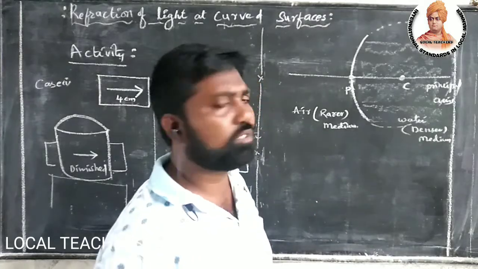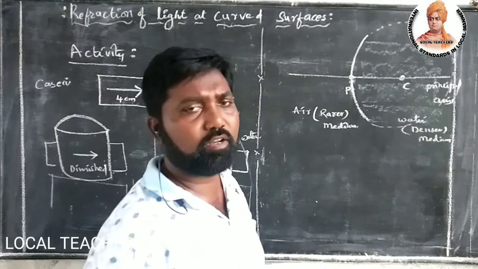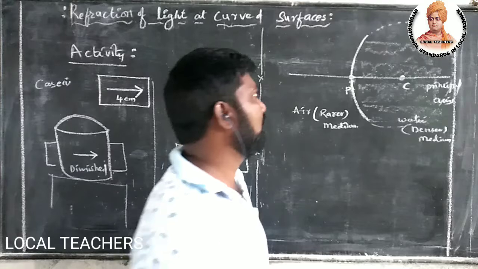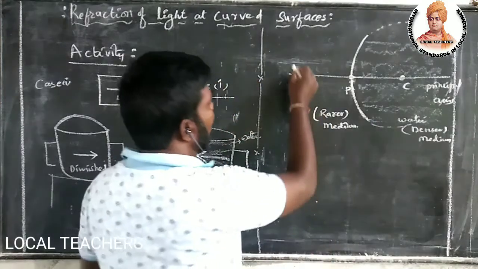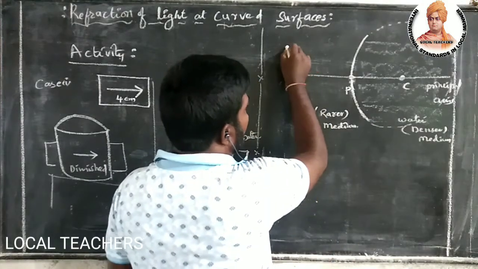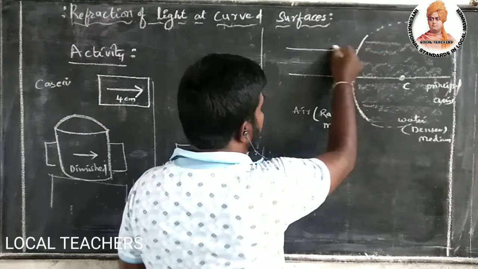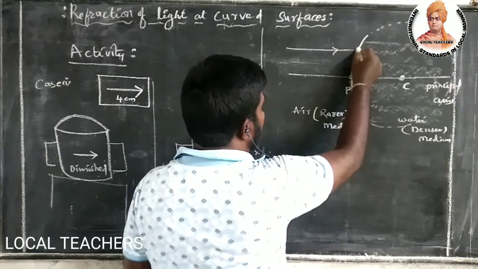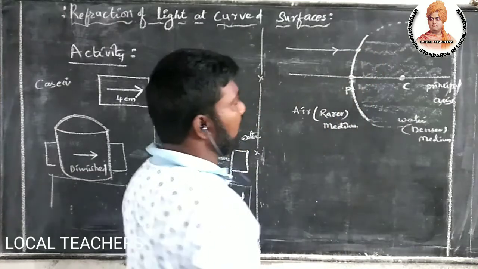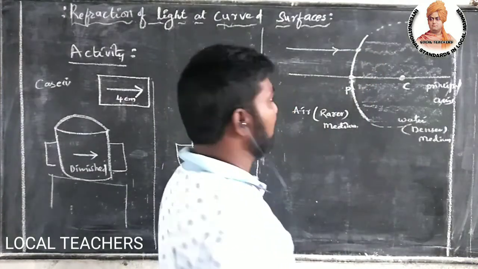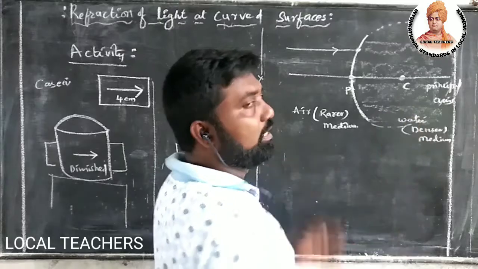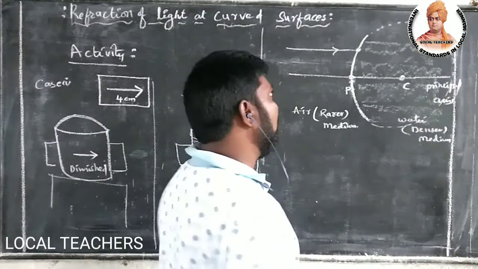So how are we going to draw the normal for this phenomenon? Just consider an incident ray which is traveling parallel to the principal axis. It will be incident at a point on the curved surface which is separating these two media.